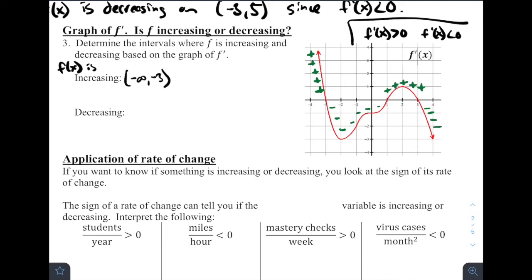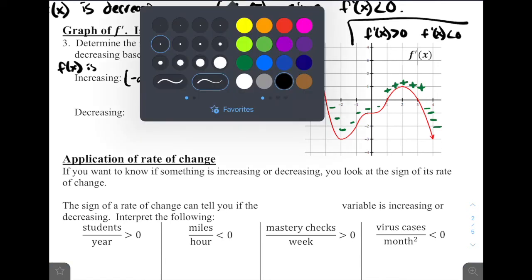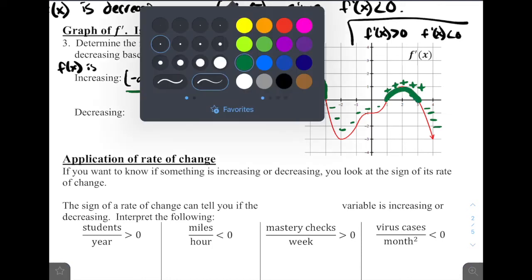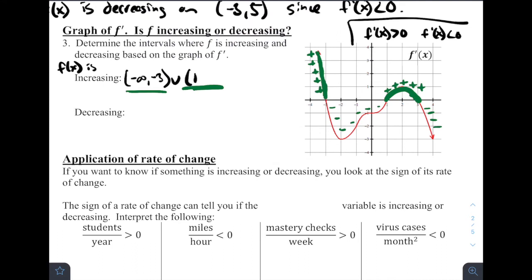So we're talking about this part right here, right? That's above the x-axis. And the interval from 1 to 3, because that's above the x-axis.